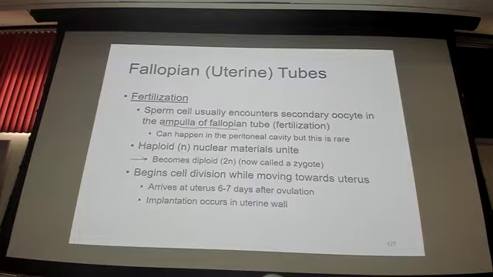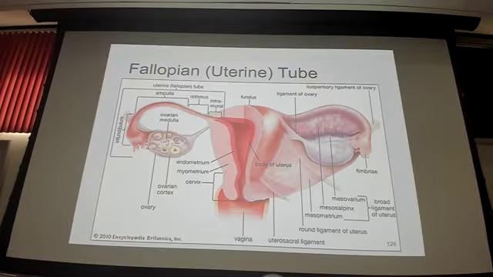It begins, this is a pretty important part as well, cellular differentiation in the zygote begins before actual implantation. Okay, so before it actually implants into the uterine wall, it's already starting to multiply, work its way towards becoming a fetus. All right, so this is the ampulla right here, like I said, sort of this curved portion.